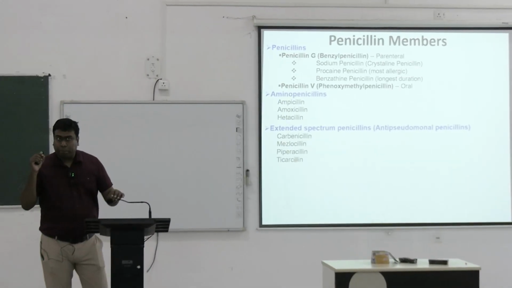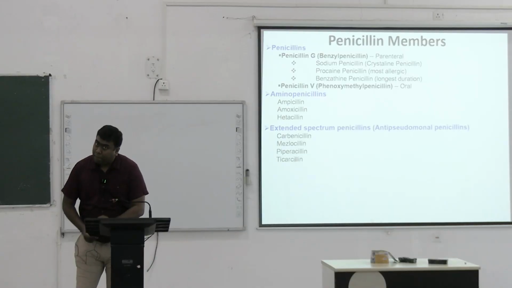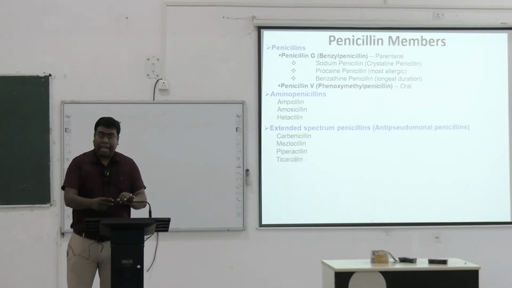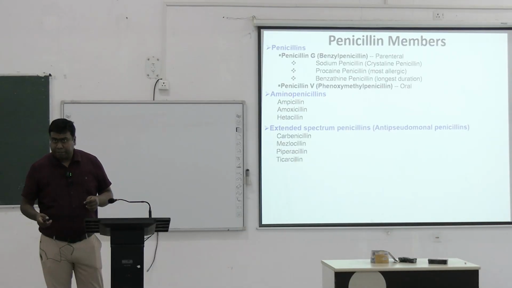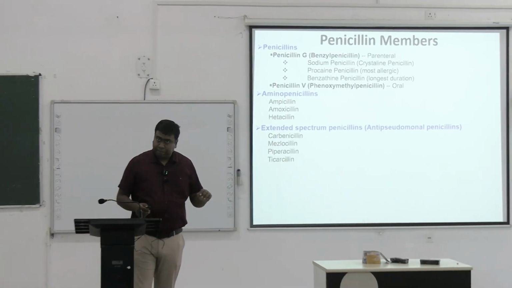So which penicillin can be given orally? Penicillin V. And which extended spectrum penicillin can be given orally? Ampicillin and amoxicillin, which are aminopenicillins.